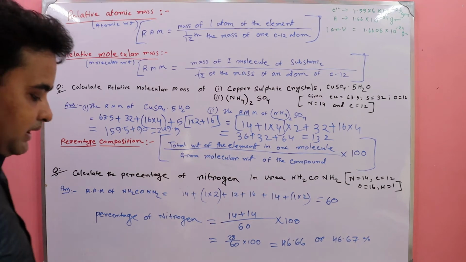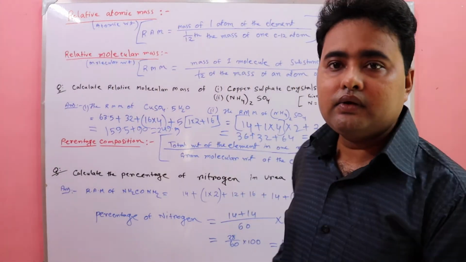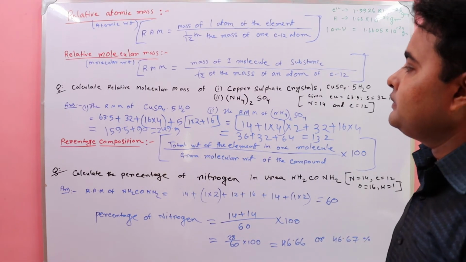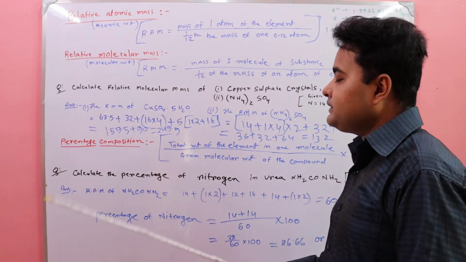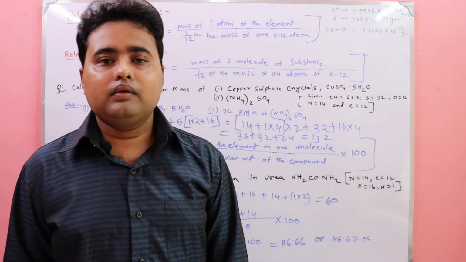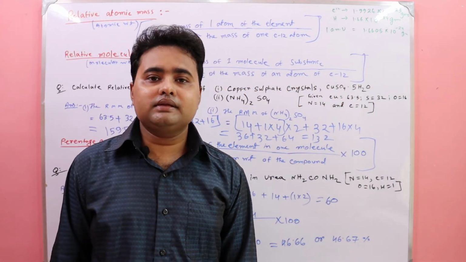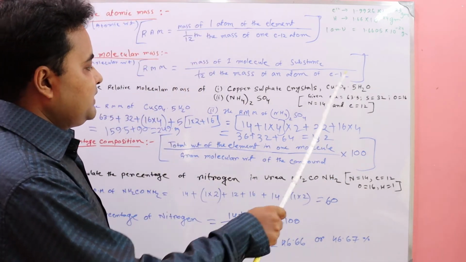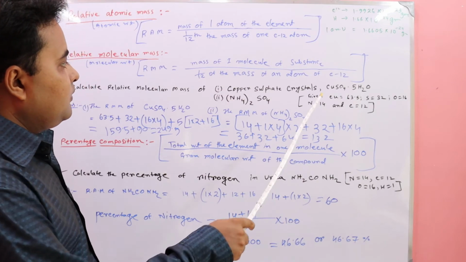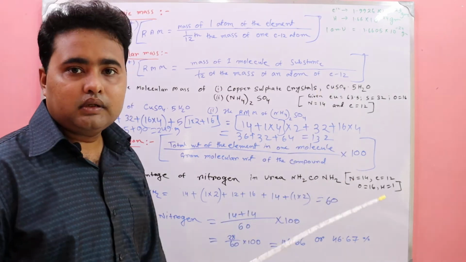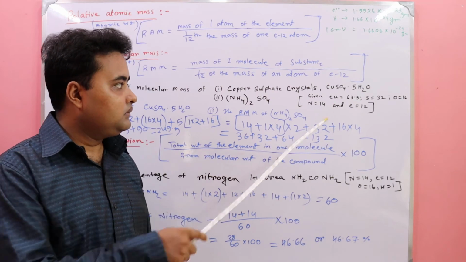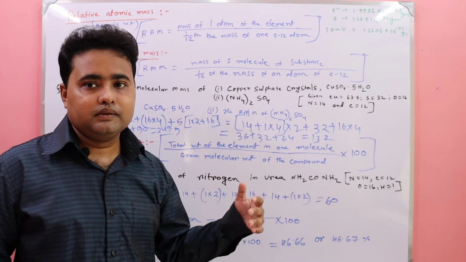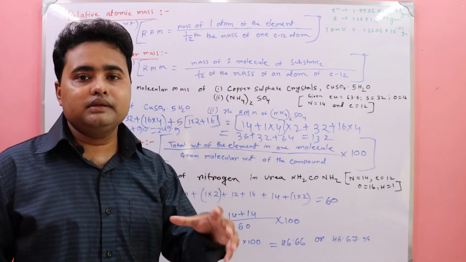So now another topic is percentage composition, which is related to relative atomic mass. This is also a simple part. Suppose the question asks, this is a copper sulfate crystal, what is the total percentage of copper in this molecule, that means how much percent of a particular element is present in a molecule.